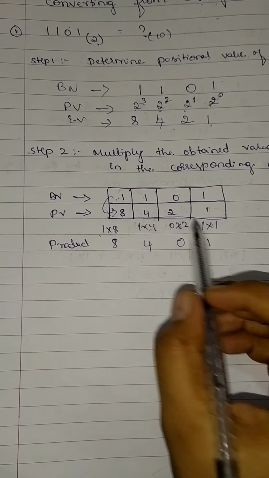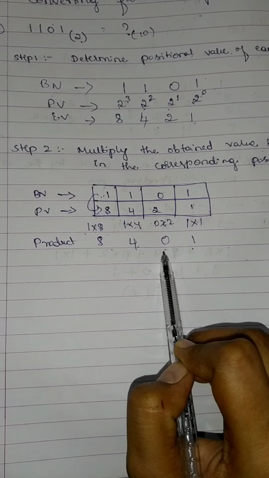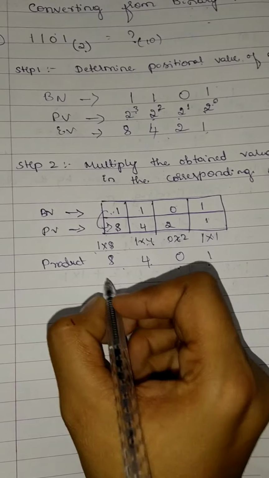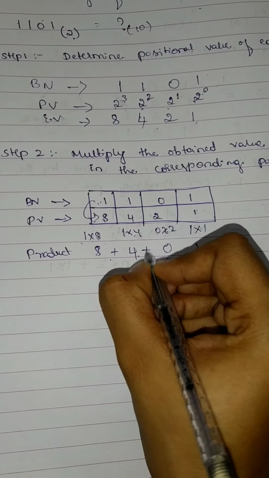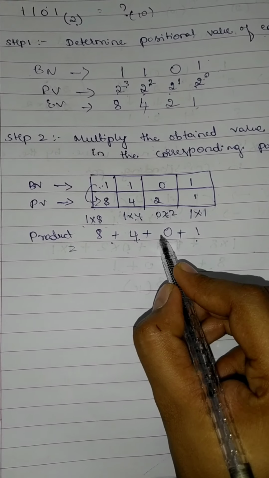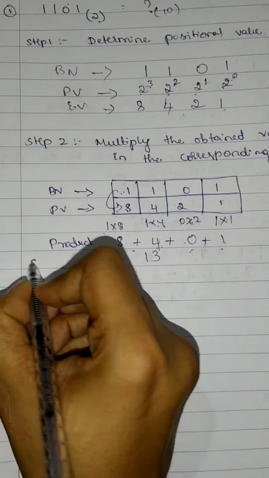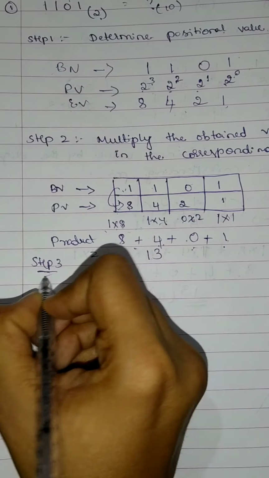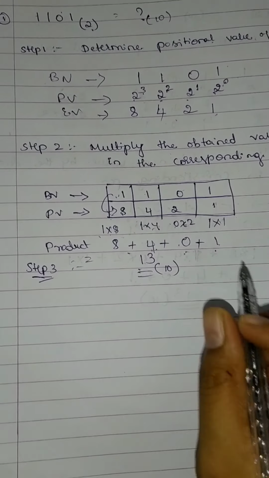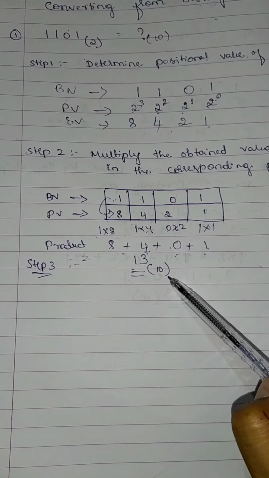The products are 8, 4, 0, 1. We sum them: 8 plus 4 plus 0 plus 1. 8 plus 4 is 12, 12 plus 0 is 12, plus 1 is 13. So we get 13 with base 10, because we are converting the given binary number into the decimal number system.